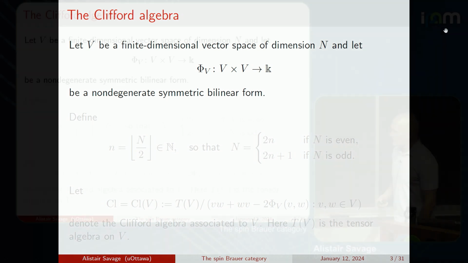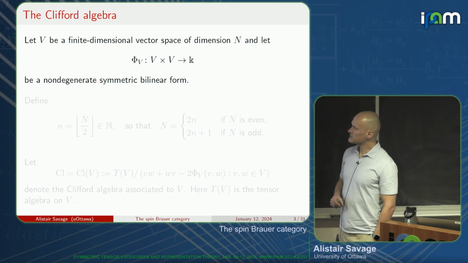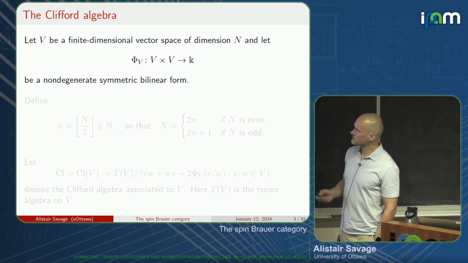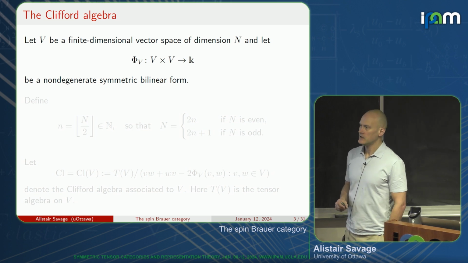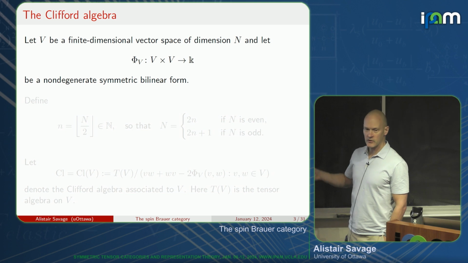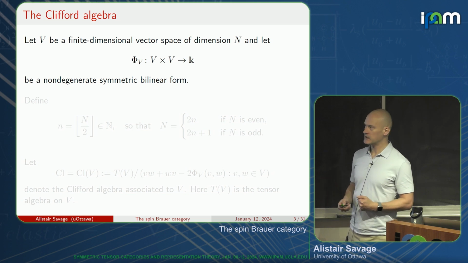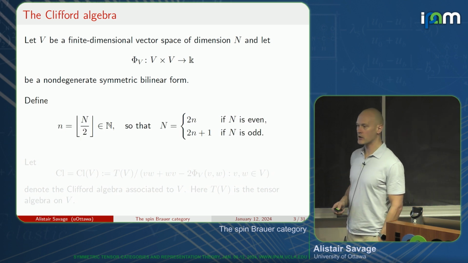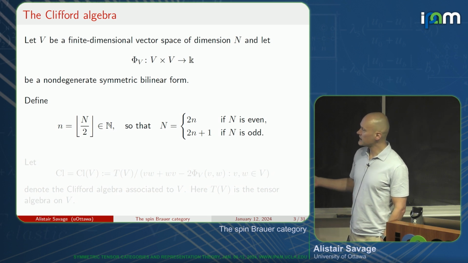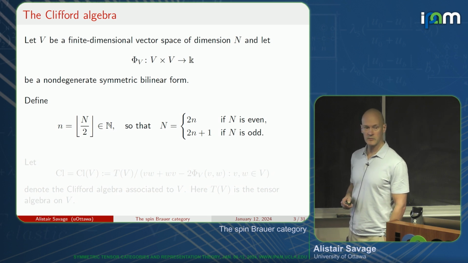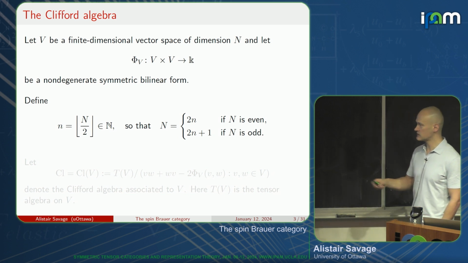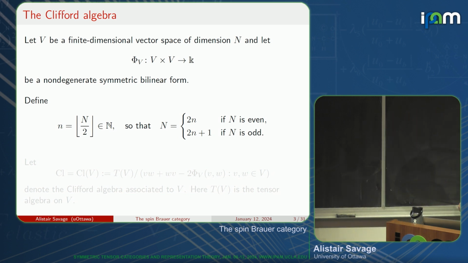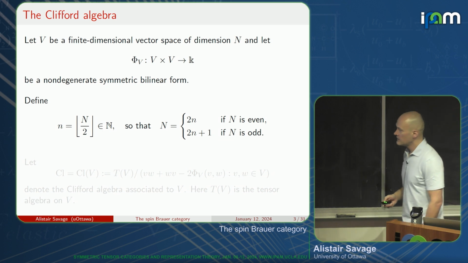We're going to be studying, for instance, the representation theory of spin N or spin V. And as with the orthogonal groups, these things behave differently depending on whether N is even or odd. So it will be useful to let little n be the floor of big N over 2. That just means we'll write big N as either 2n or 2n plus 1. This allows us to split into these two cases where sometimes things behave a little differently.